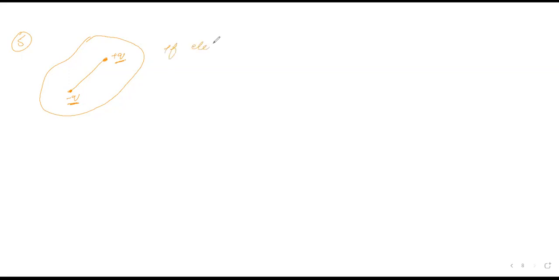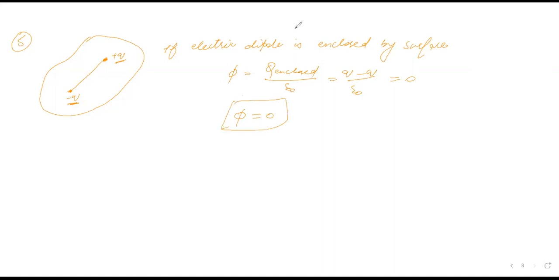Write there, if an electric dipole is enclosed by a surface, then phi is equal to Q enclosed over epsilon naught, which is equal to Q minus Q over epsilon naught. Finally, 0. You can write flux as 0. Note it down, please.